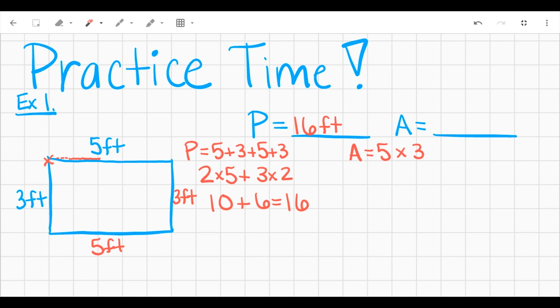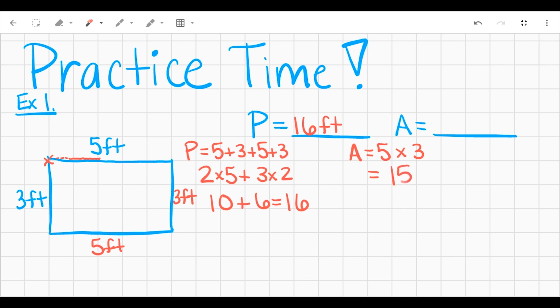As long as you think of it as kind of like that L shape, and you're taking one of the sides that are the same and one of the other sides. Usually you're going to see this as base times height, or length times width, just so you're familiar with those terms. So now if we figure out our area, it's going to equal 5 times 3, which is 15.